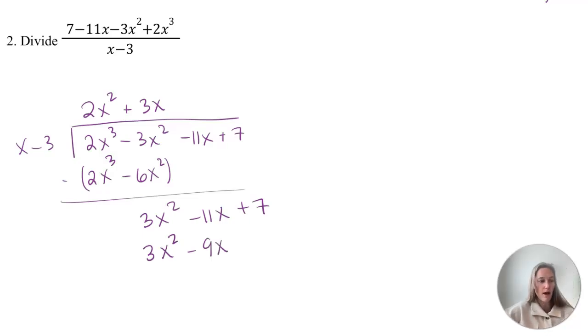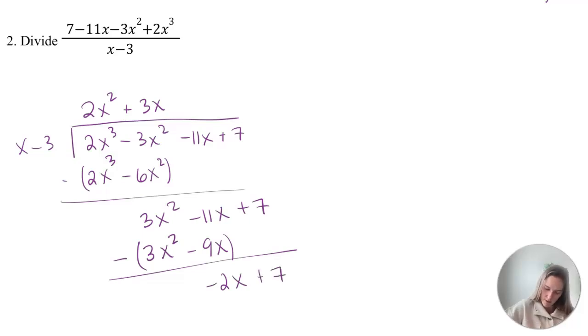And we get that. All right, now we're going to subtract this whole thing. So here's where we just have to be careful with subtracting negatives. The 3x squareds cancel, and then we end up with a -2x. Bring the 7 down, and then x goes into negative 2x, negative 2 times.